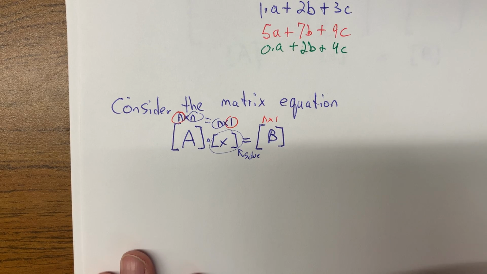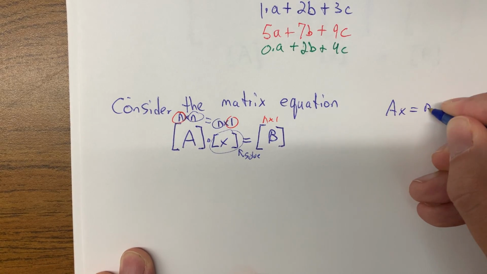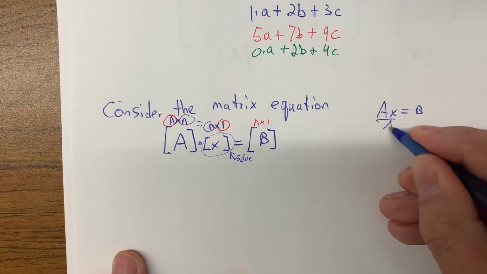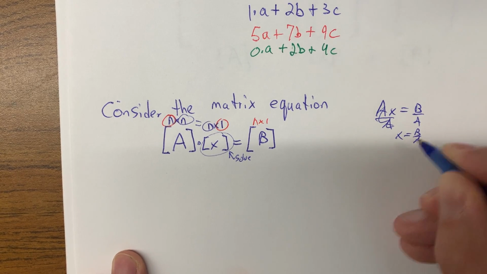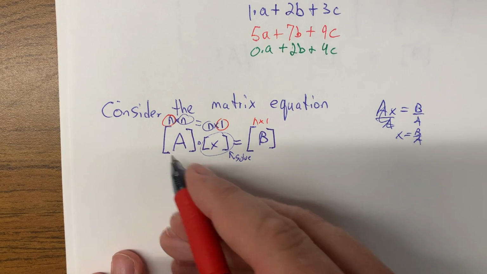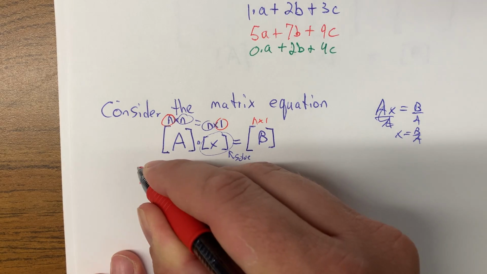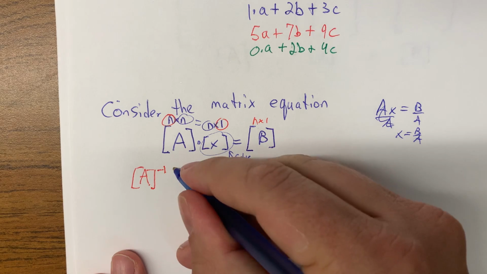You can't divide by a matrix. If this was algebra 1, we would divide by A, and that's how we would get x by itself. But with matrices, you can't divide by a matrix. Instead, we're going to use a different trick. We are going to multiply by the inverse matrix on both sides.